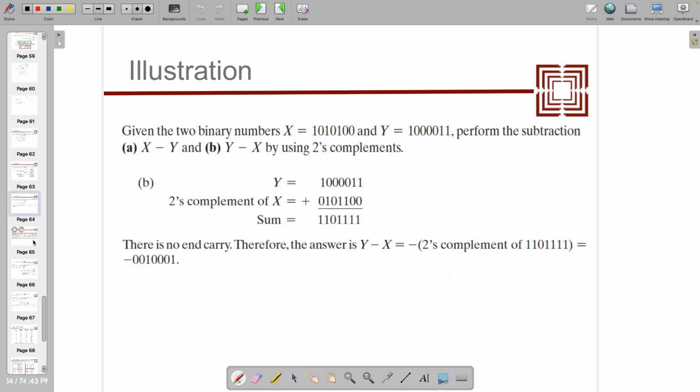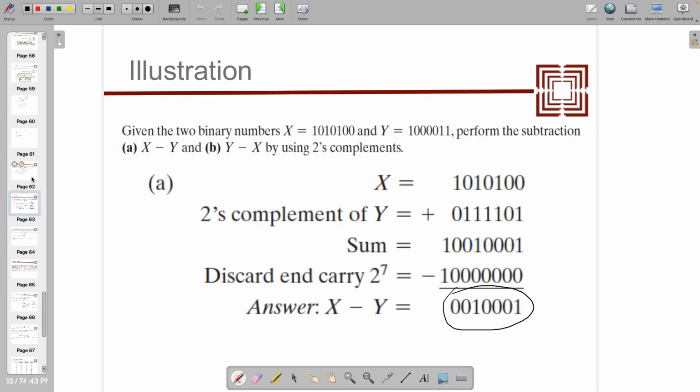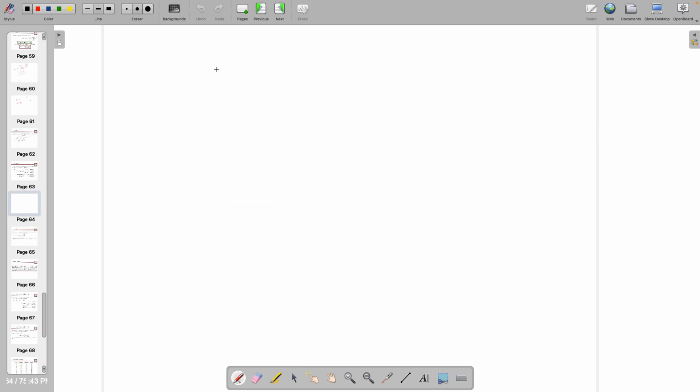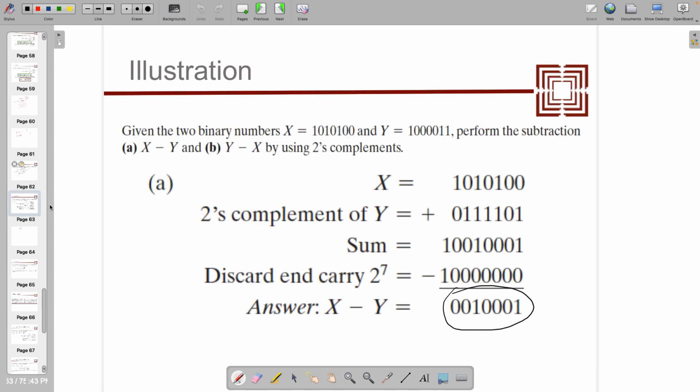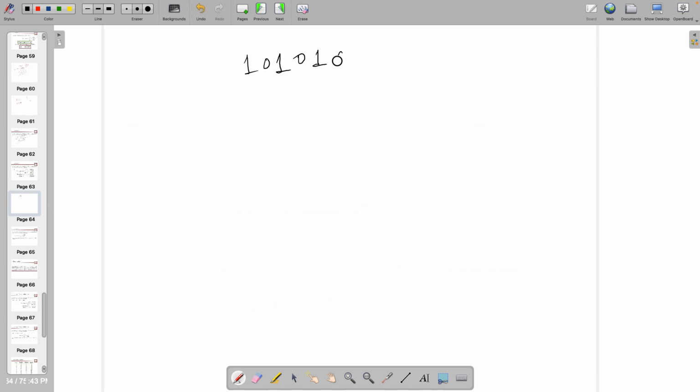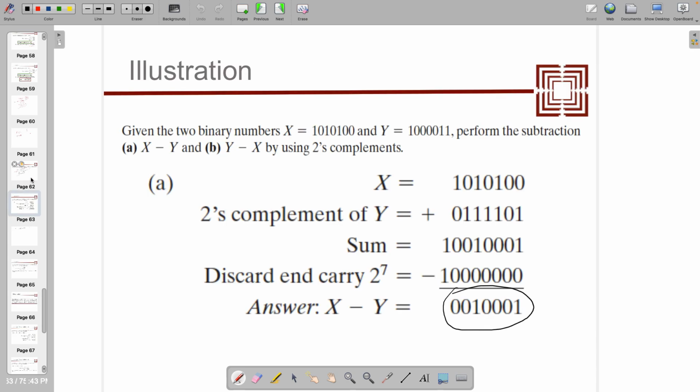Let's take it in the reverse way, y minus x, instead of x minus y. Just one second. 1 0 1 0 0, so this was x, and y was 0 1 0 1.